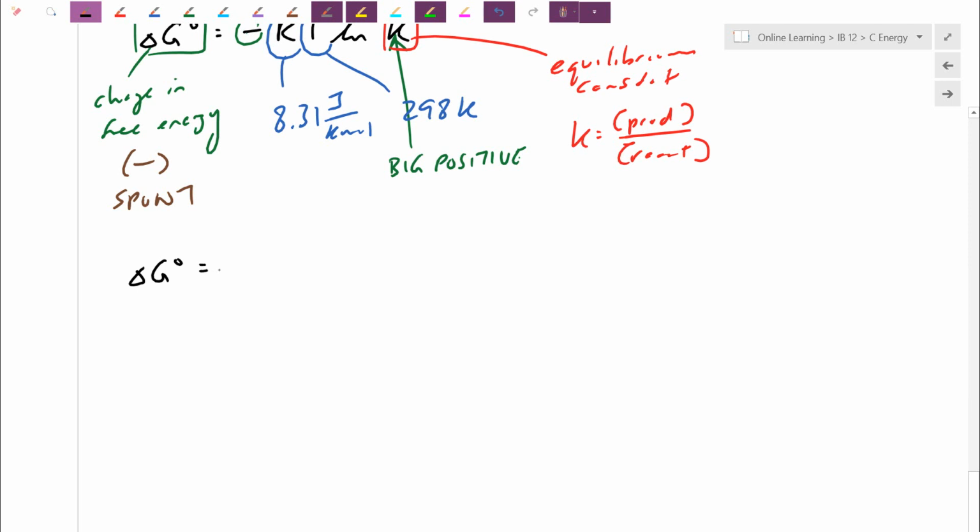So delta G here, to factor in the fact that we're not always going to be at standard state, we still will have this term, negative RT ln K, but the longer equation is actually plus RT ln Q. They factor in that this battery over time is steadily going to be dropping in concentrations. It's not always going to be K here.